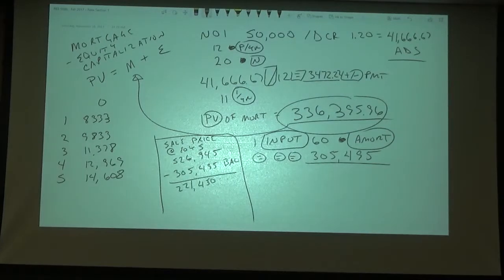So what do you get? Where did you get 526? I'm giving you that. It's a sale price. I'm giving it to you. Any number up here, I'm giving it to you.